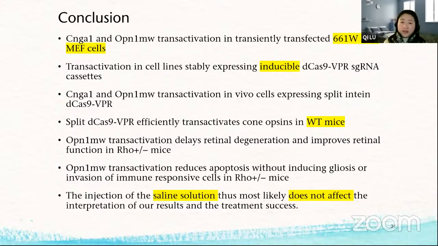They also present data that it reduces apoptosis without inducing gliosis or invasion of immune response cells.